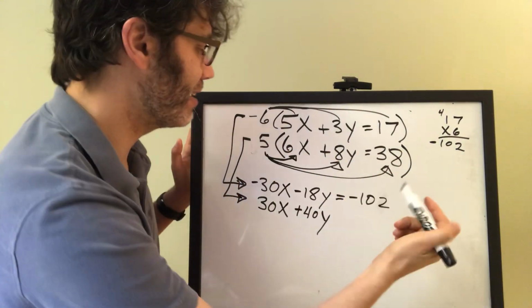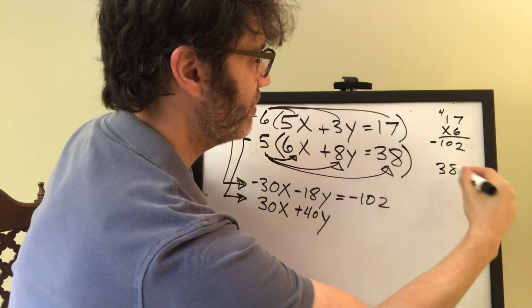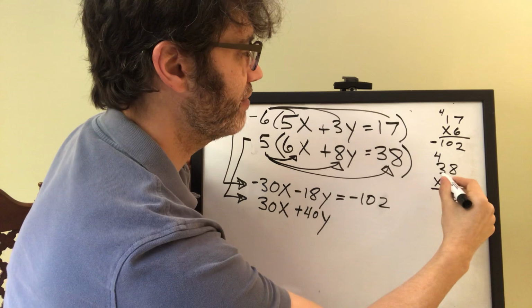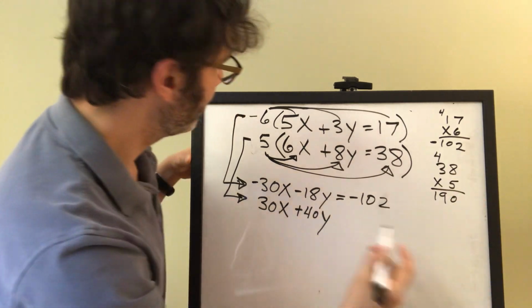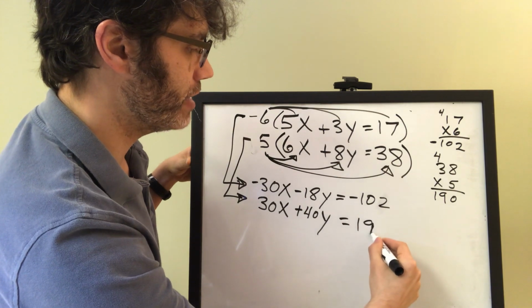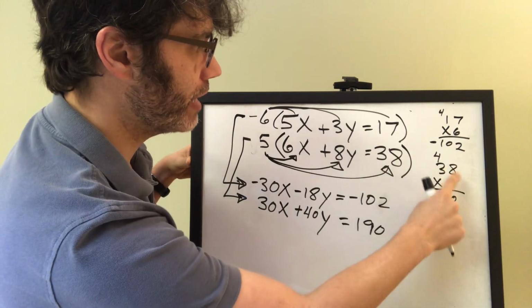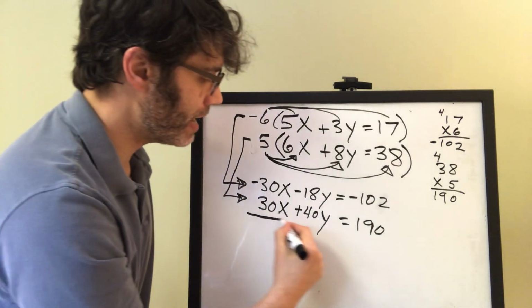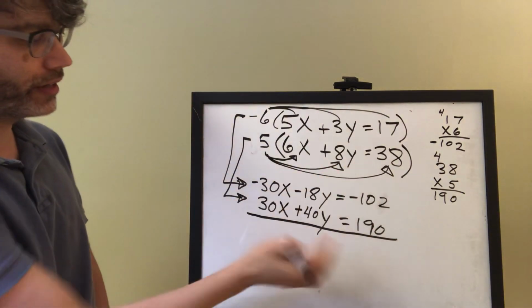Now 5 times 38. Okay, I don't know what that is. 5 times 38 is, let's see, 40, that's 15, and 19. It's big numbers, but it'll work out in the end. All right, so that's 190. So let me just double check. 40, 15, yeah, okay.